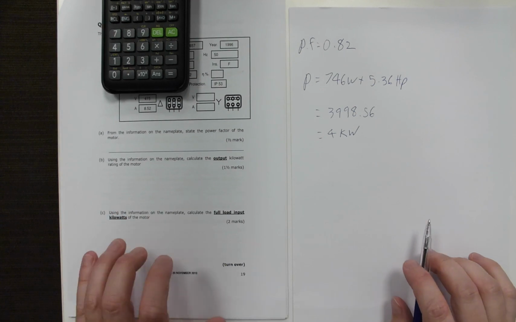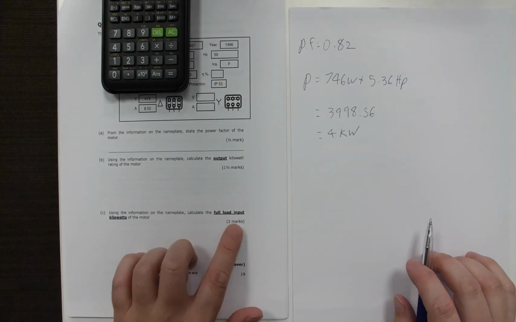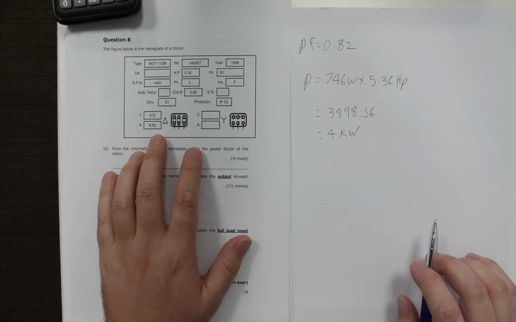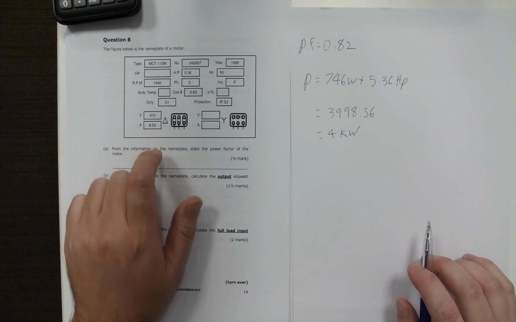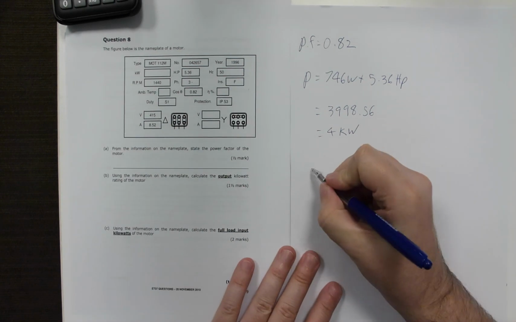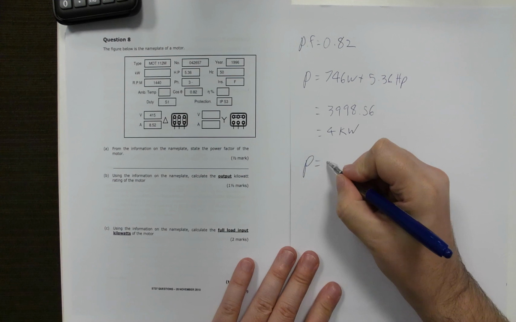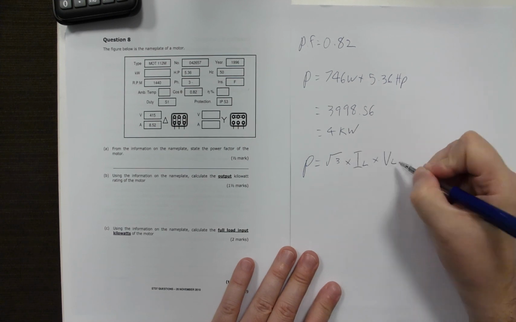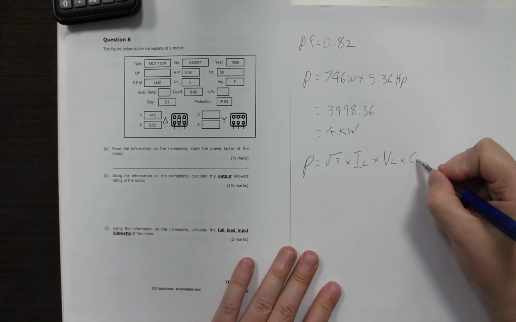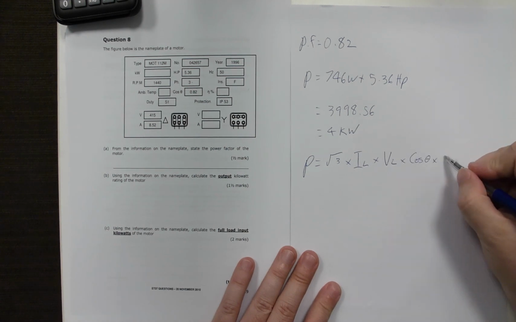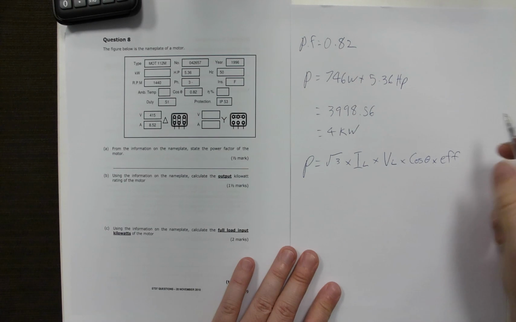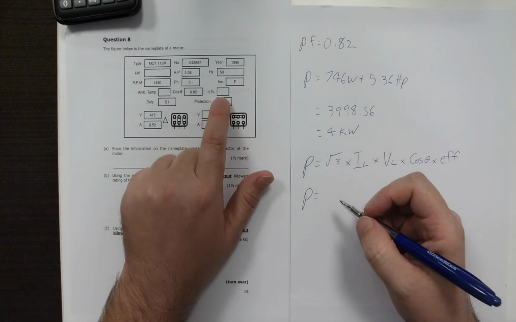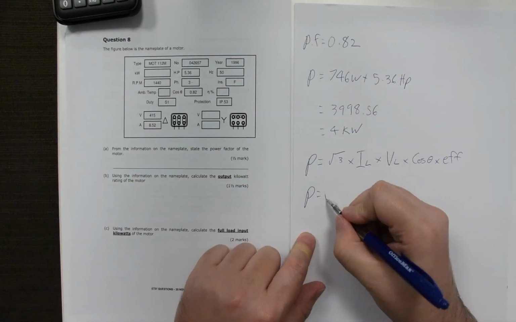Now moving on to question C, calculate the full load input in kilowatts of the motor. This is a 3-phase motor because we're told it's 415 in delta. So our power formula in this case is power equals square root of 3 times I line times V line times cos theta times efficiency. In this case, we don't have an efficiency, so we're going to use 1. Root 3 is a constant.